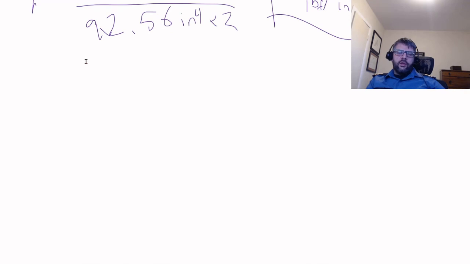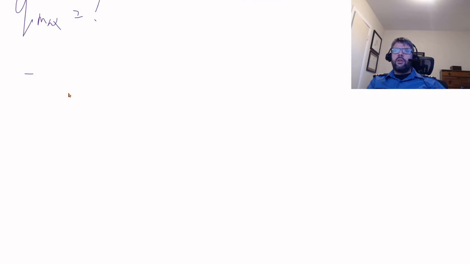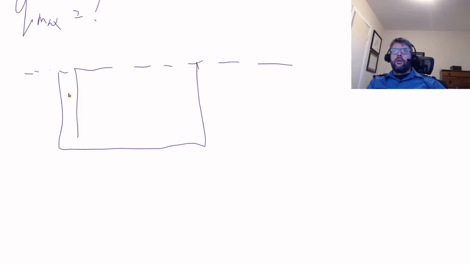As for the Qmax, that is going to be occurring at the neutral axis. So essentially what we need to do is figure out what the Q would be. If here's our neutral axis, we need to figure out what the Q would be for this shape here.